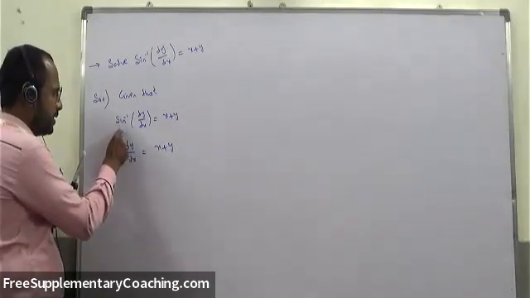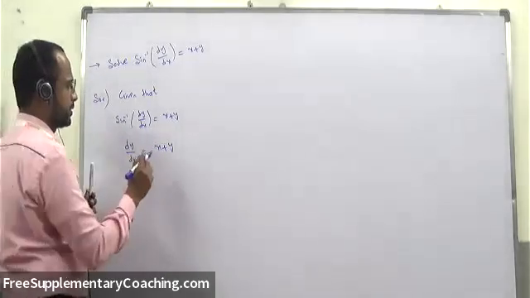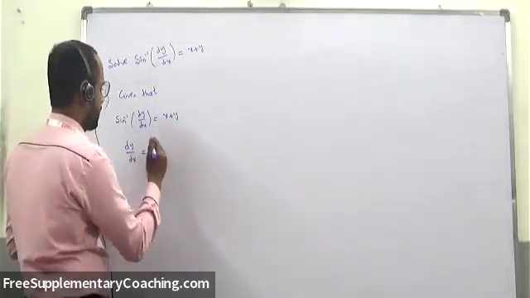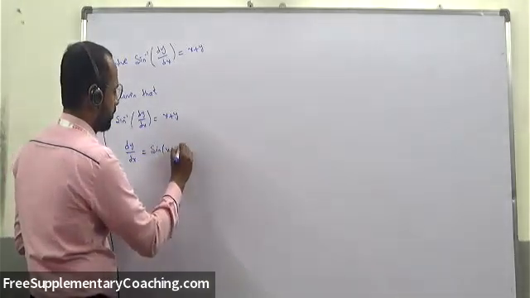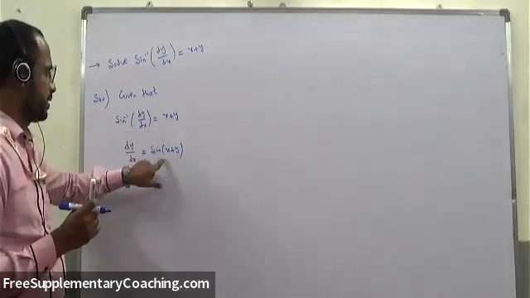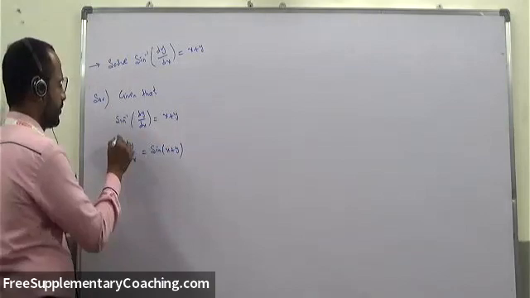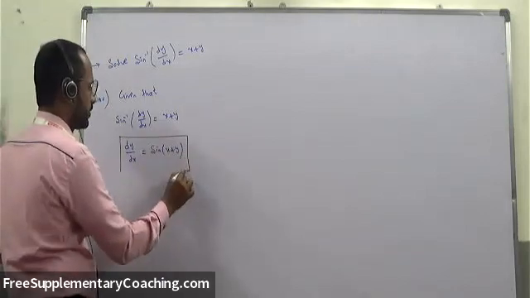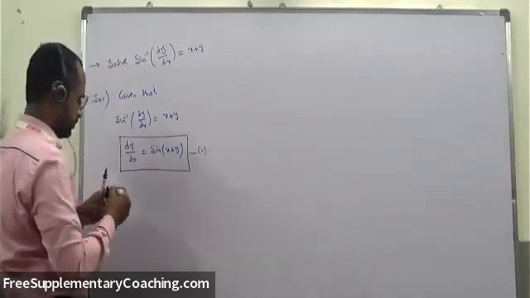Just I have sent this inverse to the other side. This is the first change. This inverse comes here and it takes this form. Dy by dx now becomes sine of x plus y. Let's call this equation 1.